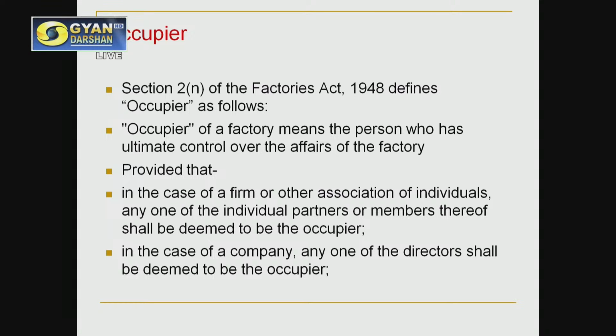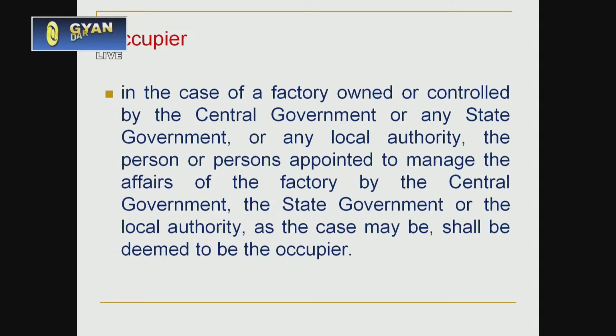In case of a company, with its board of directors, one of the directors shall be deemed to be the occupier. In case of a factory owned or controlled by the central government, any state government or any local authority, the person appointed to manage the affairs of the factory by the central government, state government or local authority shall be deemed to be the occupier.